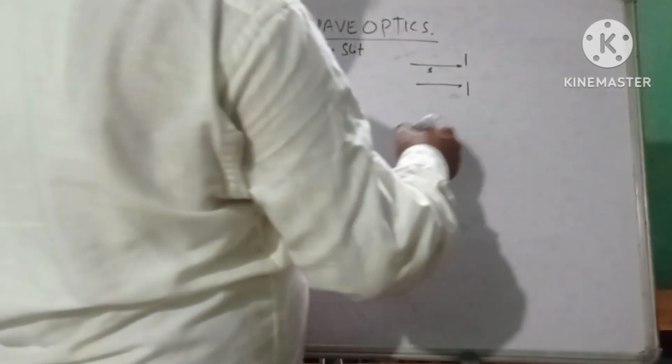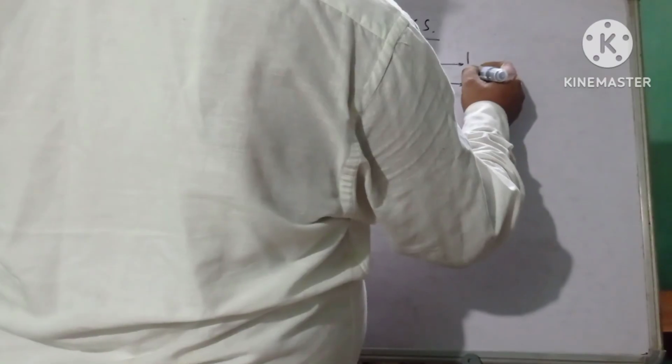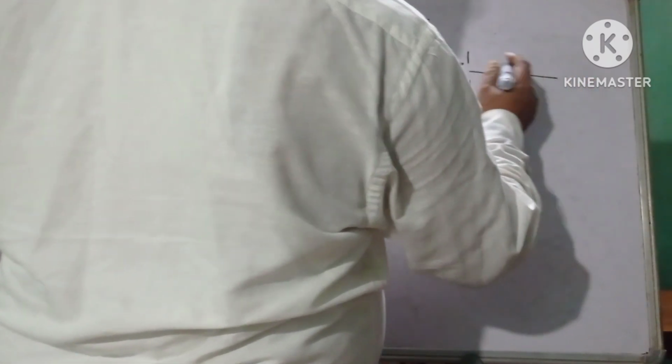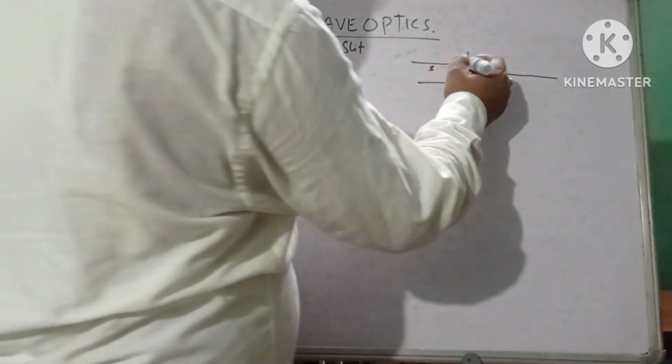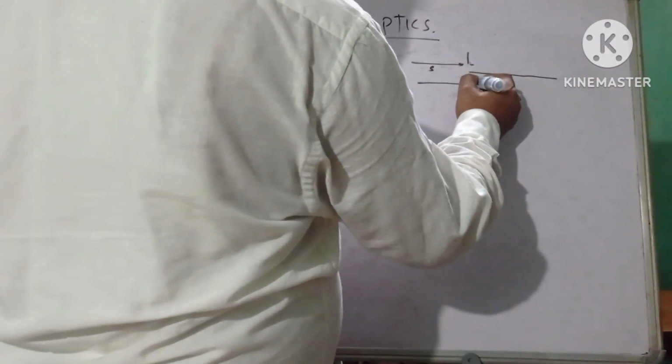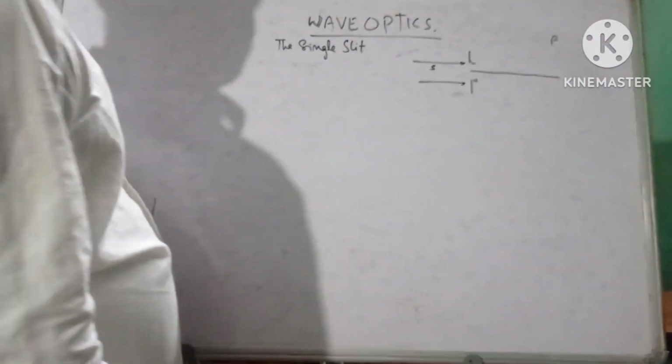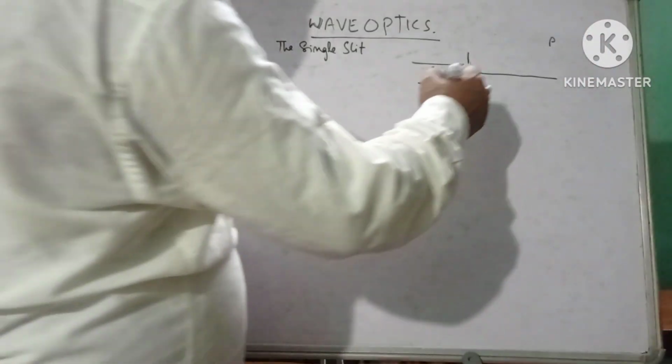This is the source of the light, and this is the midway between the two slits. Here this is L and this is N. And here we have taken a point P, that is the point of observation.